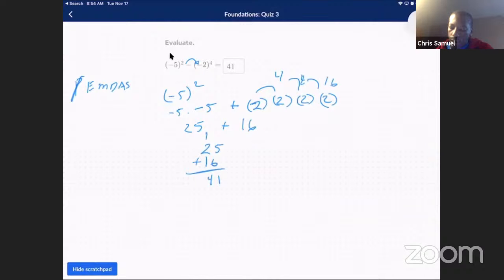Let me erase all this back. Okay, so what I should do maybe is do what's inside the parentheses first. Negative 2 would lead to, I thought it would lead to that. Okay.